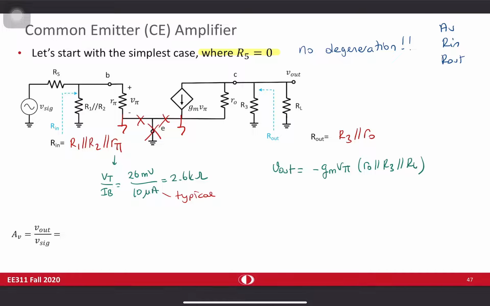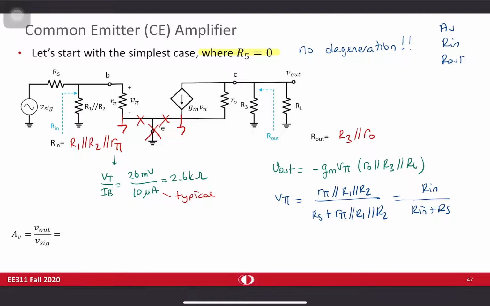So V pi is in fact just a resistor voltage division over there, which is R pi parallel R1 R2 divided by Rs plus R pi parallel R1 R2. In other words, Rin divided by Rin plus Rs.